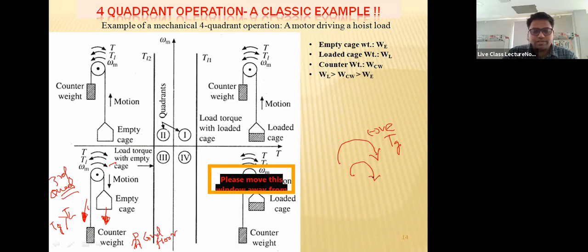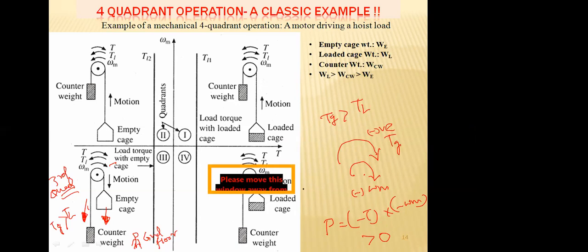If it is not, then the empty cage will not come down, right? So it has to apply a torque TG which is greater than TL, right? So it is trying to pull up the counterweight. So the direction is also clockwise, so it is negative. So the power is negative torque into negative speed. So that is obviously greater than 0. So what will you call it? Reverse motoring mode.